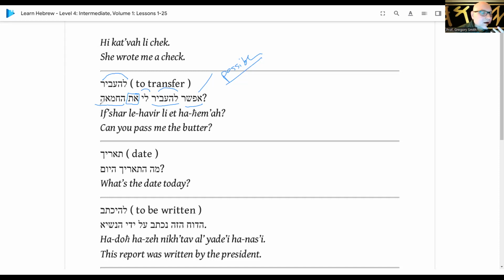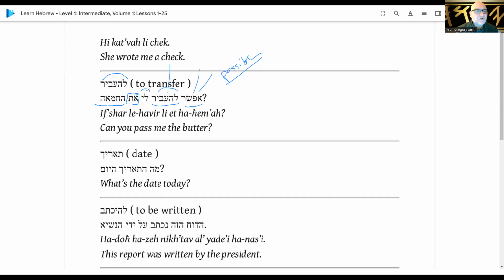Li et hama'a. Now that butter one, I don't think I've seen that butter one before. אפשר להעביר לי את החמאה. So I know what these are for sure.